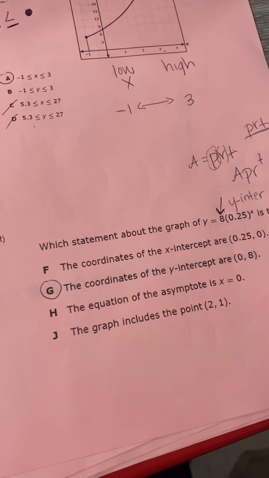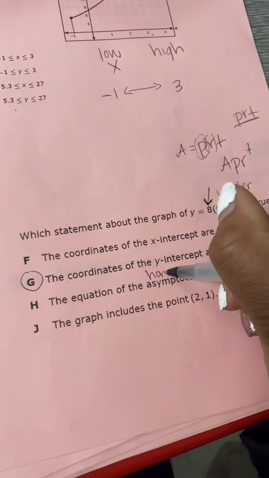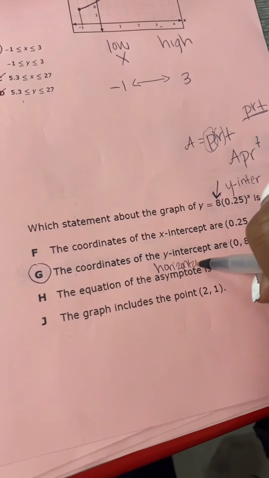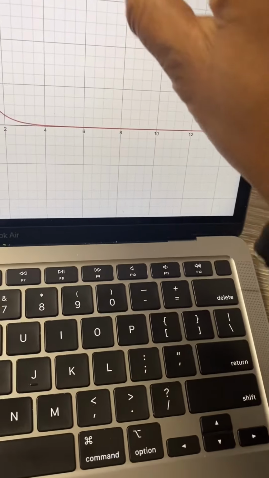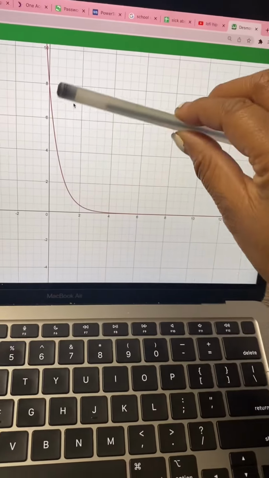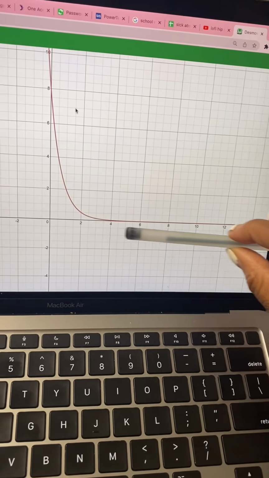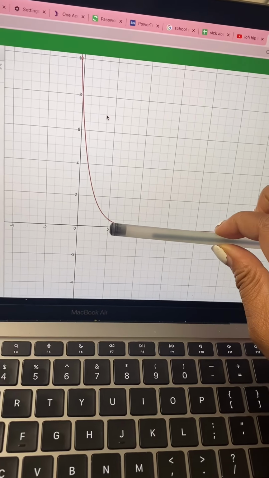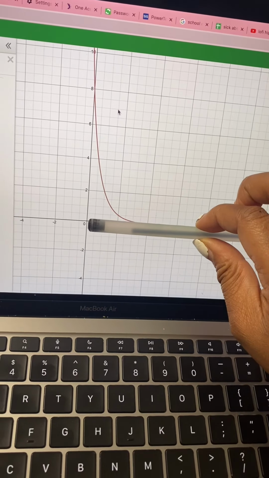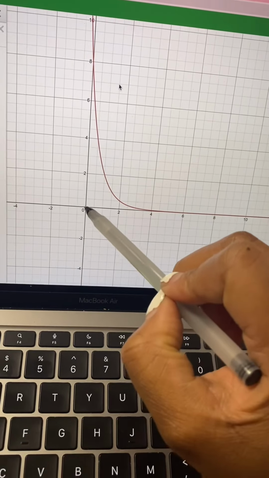What about your asymptote? We learned the horizontal asymptote. Horizontal asymptote is your bottom line, or where that curve begins to flatten out. So this is your horizontal asymptote right here. This line is approaching which y value? It's approaching 0, okay?